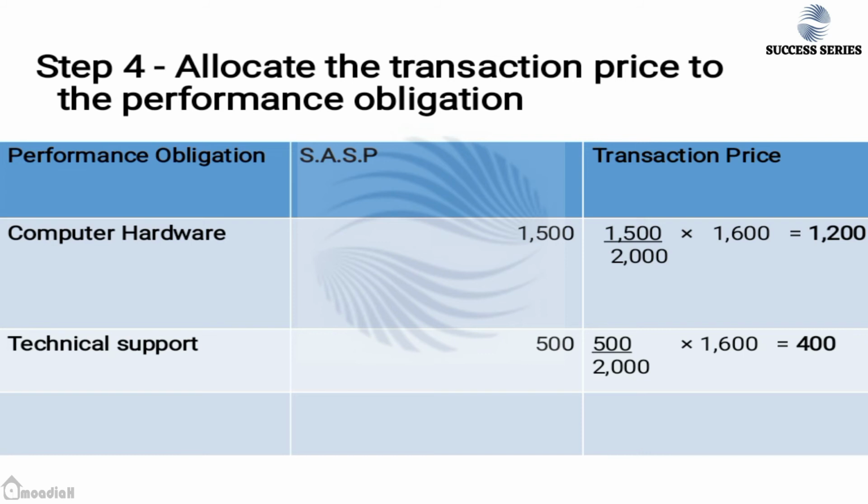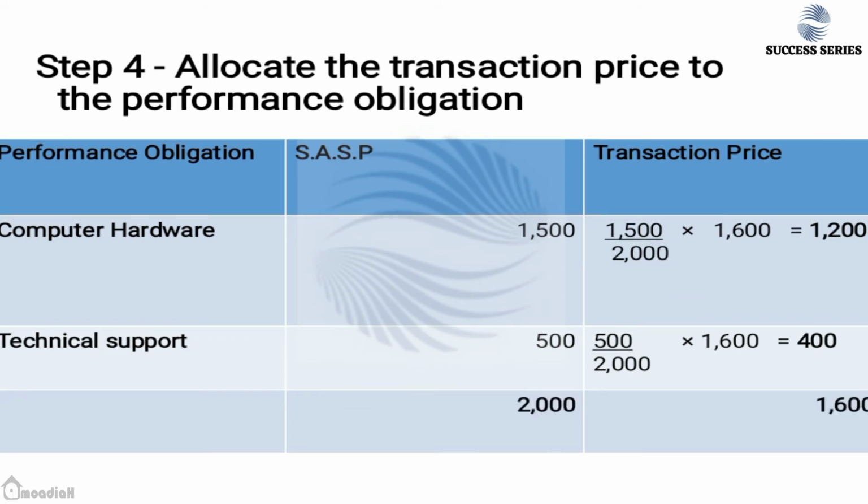We then sum the transaction prices up, and this must be equivalent to what was stated in the contract. So 1,200 plus 400 gives us 1,600. This helps us to know whether we are on the right path or not.